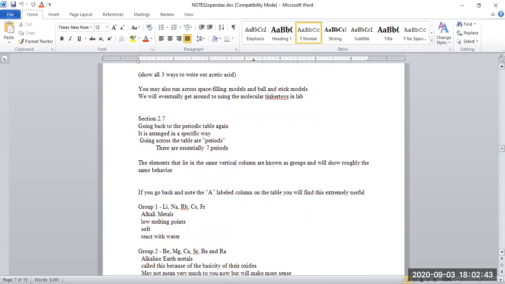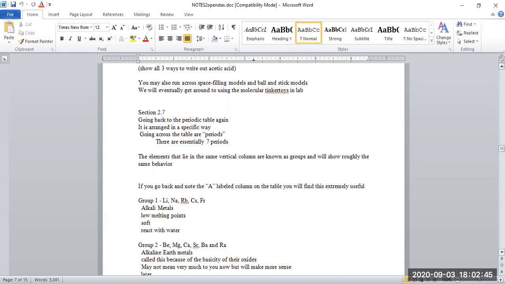So we're going to go back to the periodic table again. It's called periodic for a reason. Going across from left to right, there are 7 horizontal rows. These are also known as the periods.